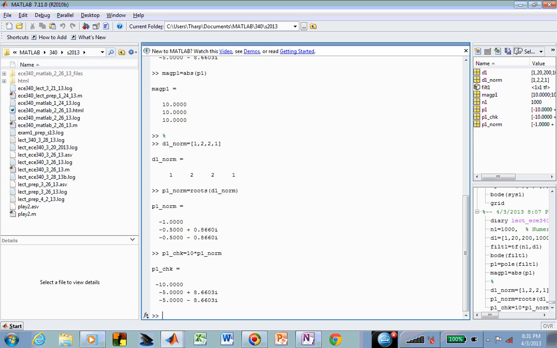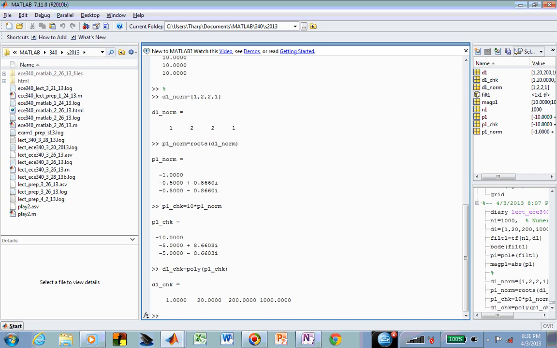Now we could build up a polynomial from that: our D1 denominator polynomial that we're checking is the polynomial created with poly from the poles, P1 check.